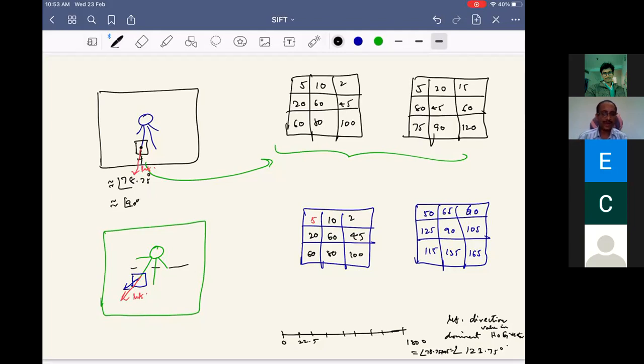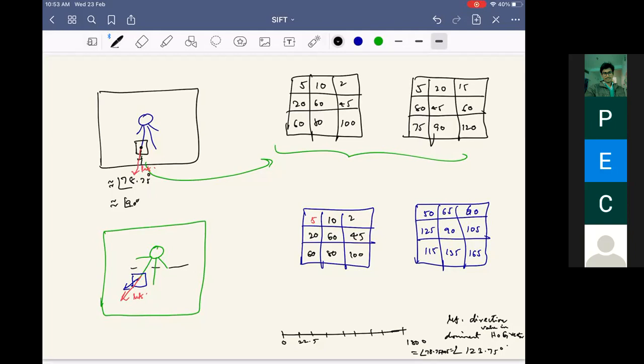By subtracting the reference orientation from the original image, we are ensuring we represent the patch or key point information with reference to a standard orientation, that is zero orientation itself.